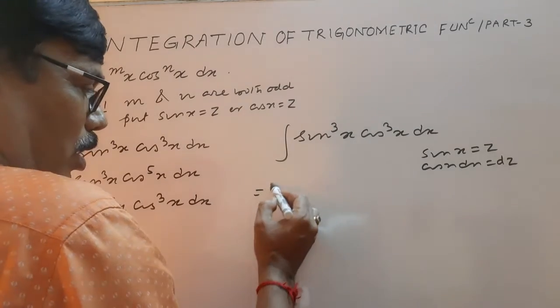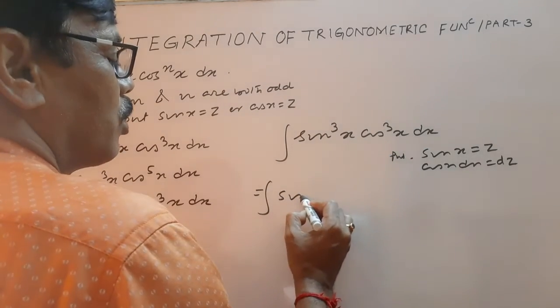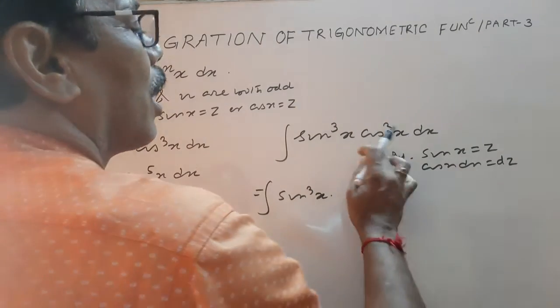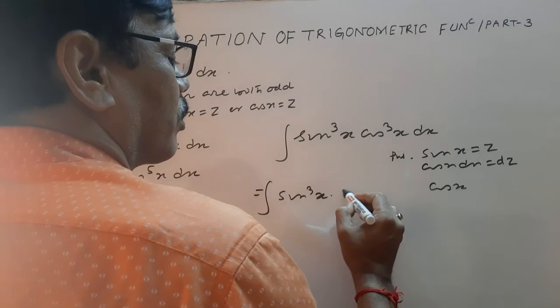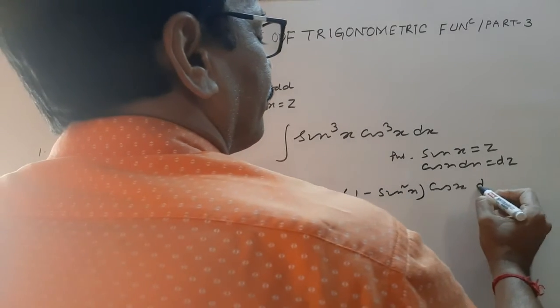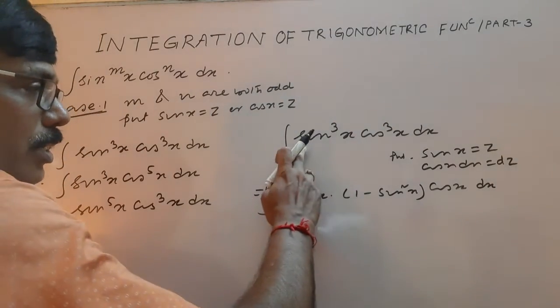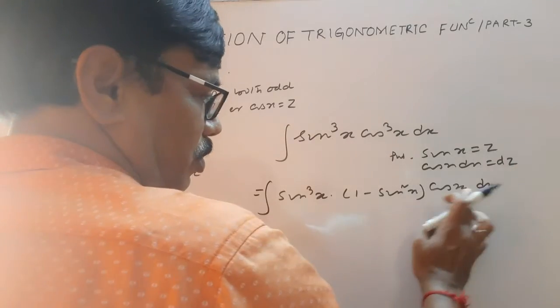Now look, express this: sin cube x unchanged, one cos x unchanged, and cos cube x, this is 1 minus sin square. So sin x equals z. So sin cube x unchanged, one cos x dx equals dz.